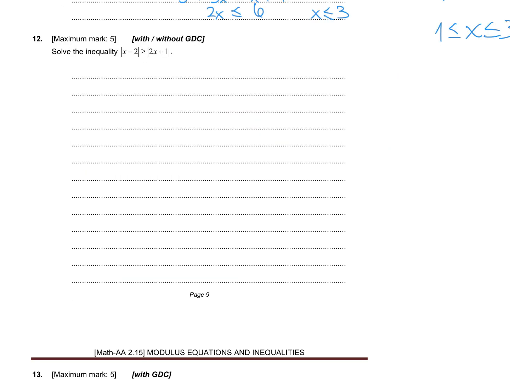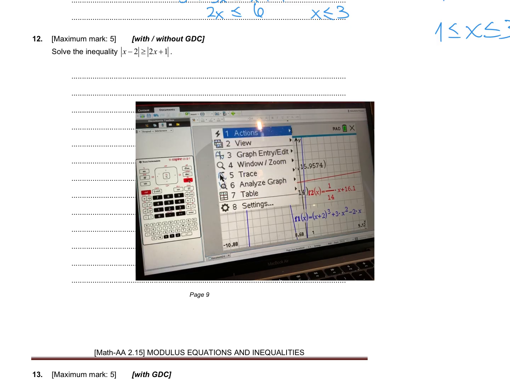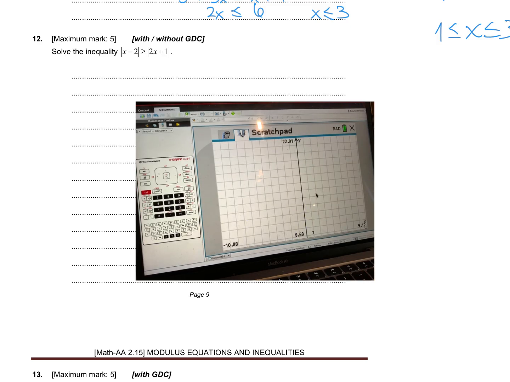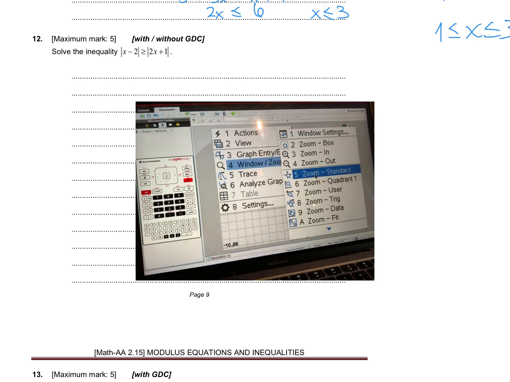Okay, this one I'm going to do two different ways. One with the graphing calculator, which is the easiest, and the other one with squaring both sides. So, all right, if we go to a graph and we get rid of everything, and I'm going to go to just standard view.